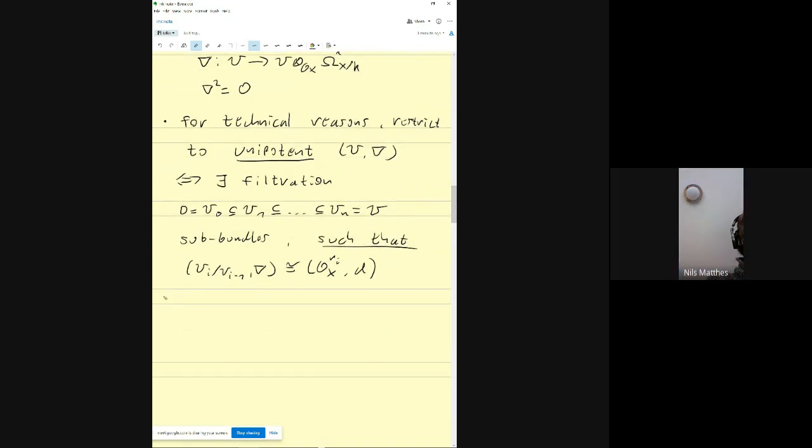And we'll denote by UVIC, for unipotent vector bundles with integrable connection, the category of those.